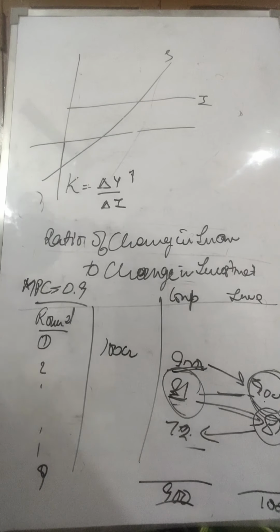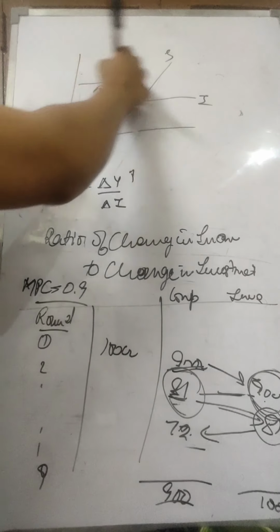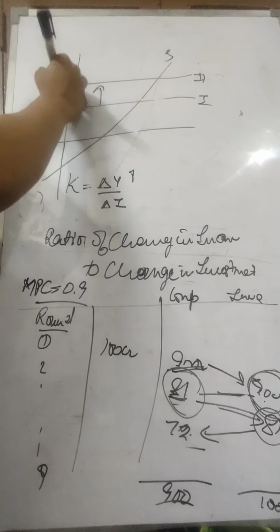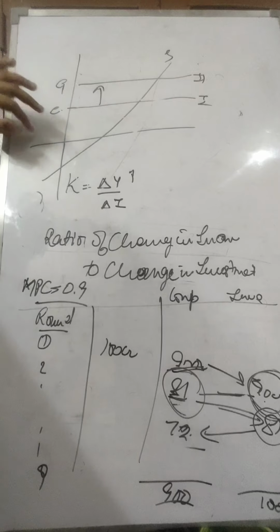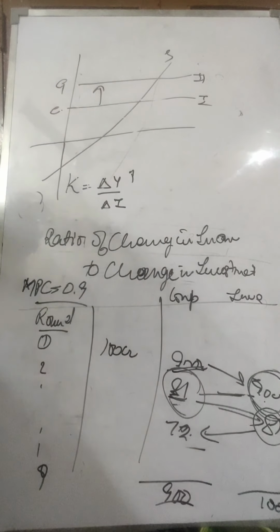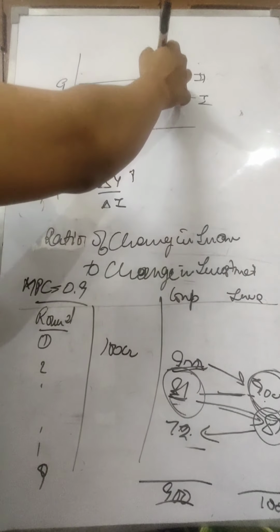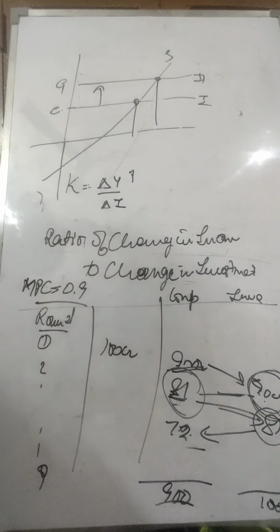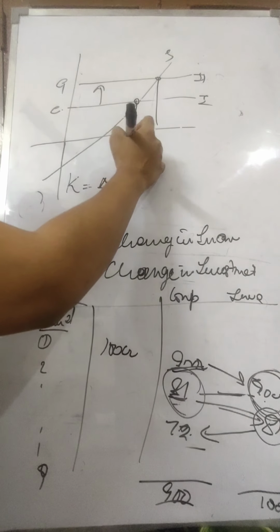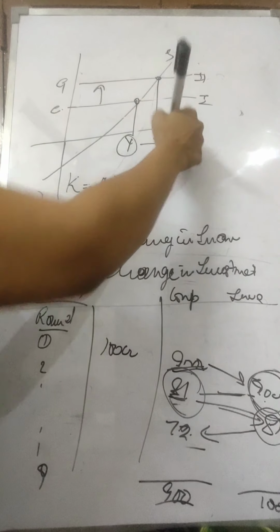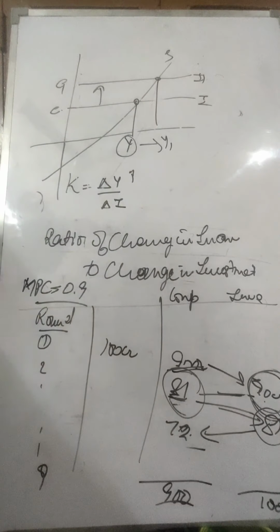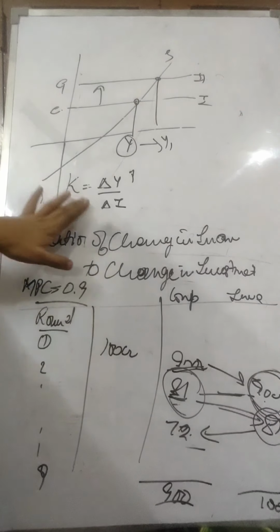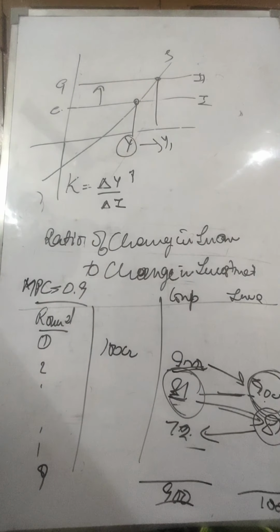My investment will now increase to I1, consumption will also increase to C1, and my equilibrium, which was earlier at this point, will now be at this point. So my income level will increase to Y1 from the earlier level of income Y. This is how my multiplier works.